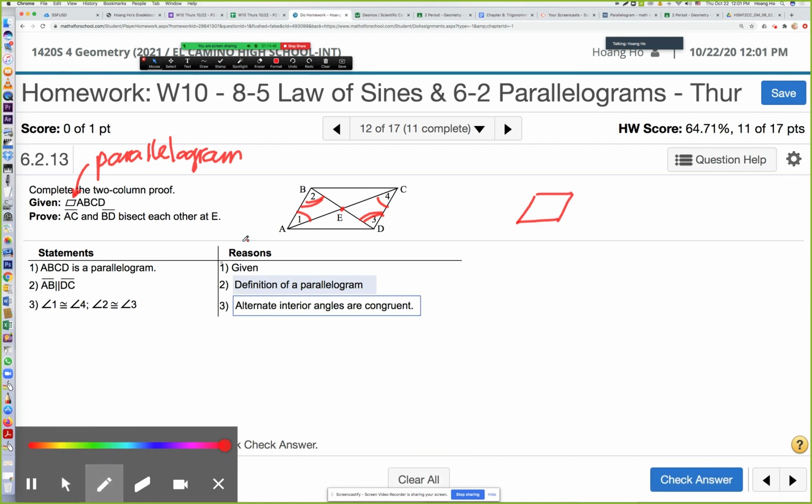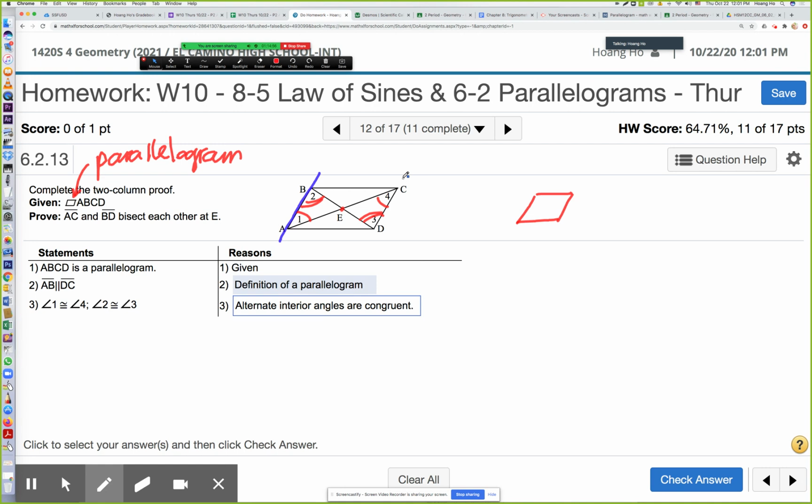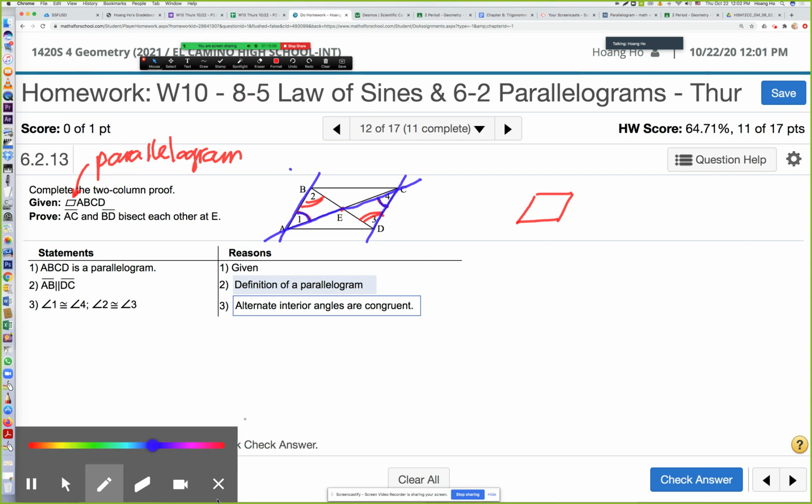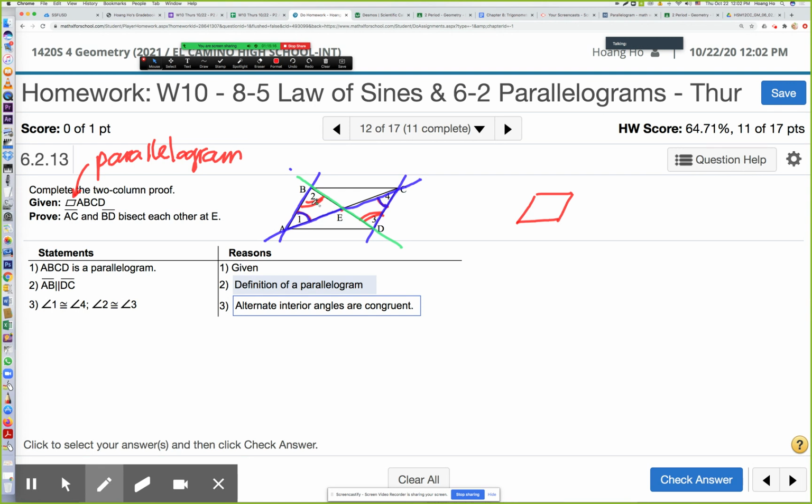Because AB is parallel to CD, when you use this as a transversal, angle 1 and angle 4 have to be equal, alternate interior angles. If you use this other one as a transversal, then angle 2 equals angle 3, also alternate interior angles.